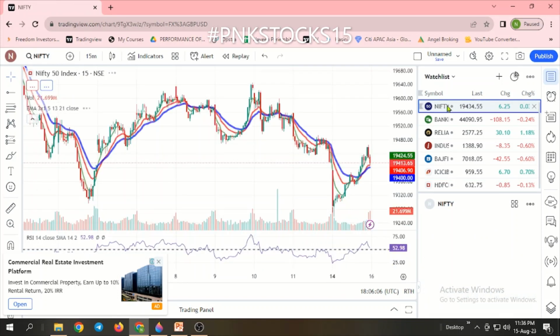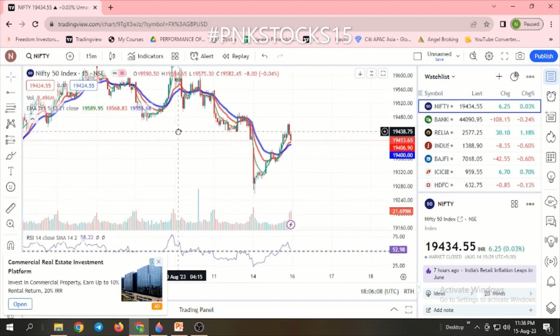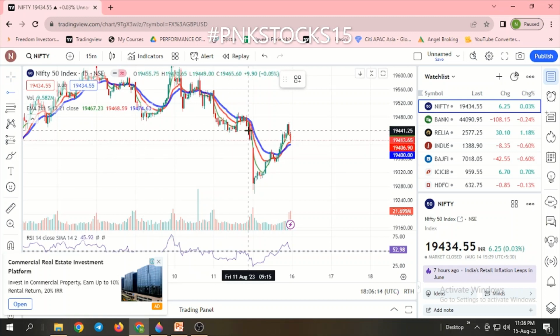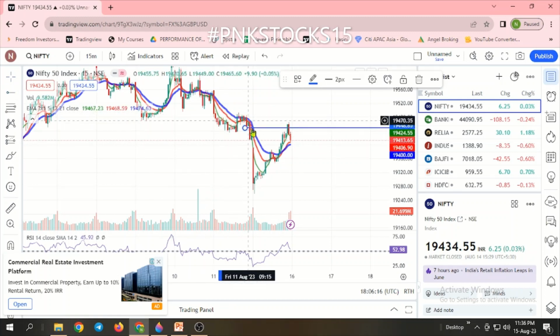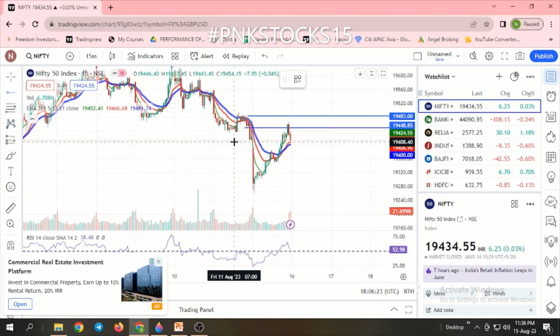Let us see the index part. See, on a particular day, price tried to move up, but our EMAs held it, and we can see the price is falling, all 3 EMAs coming down. Entry, SL, 1:1 is here.